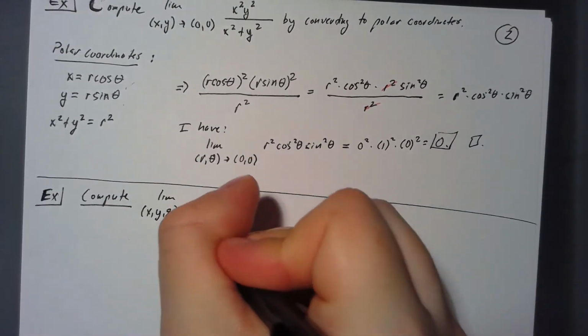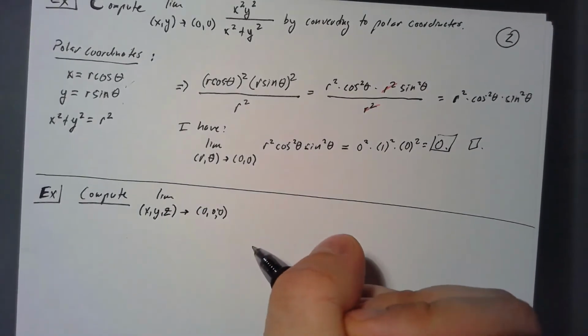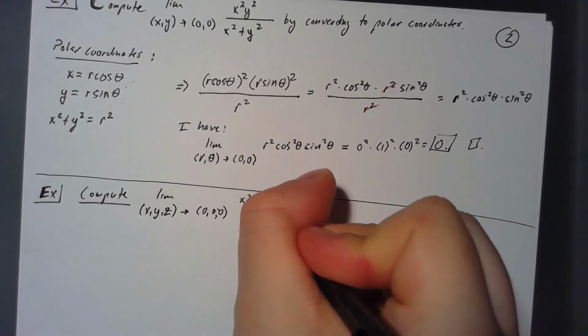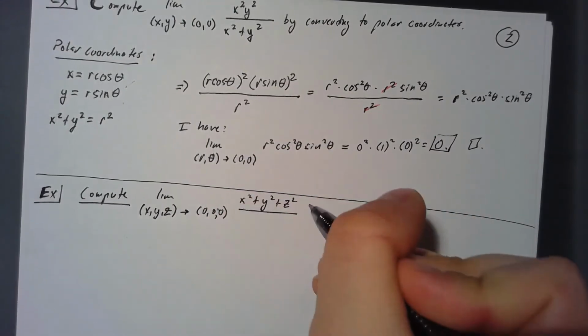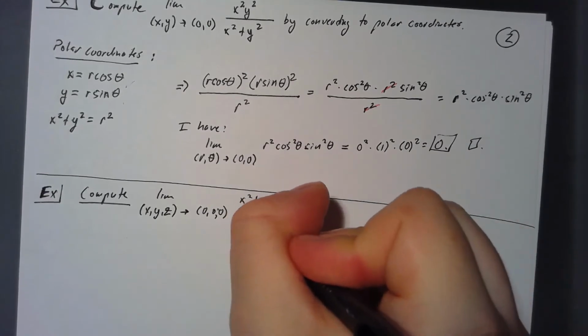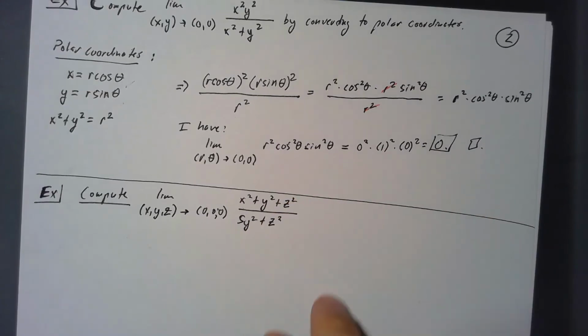Oh man. That's x squared plus y squared plus z squared all over 5y squared plus z squared.